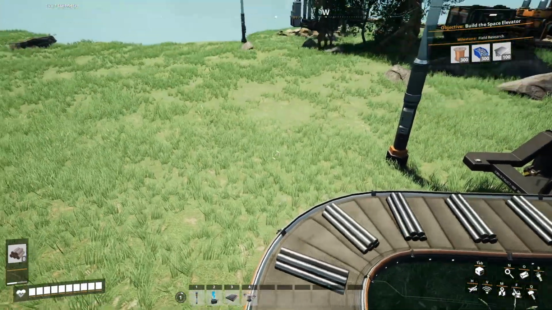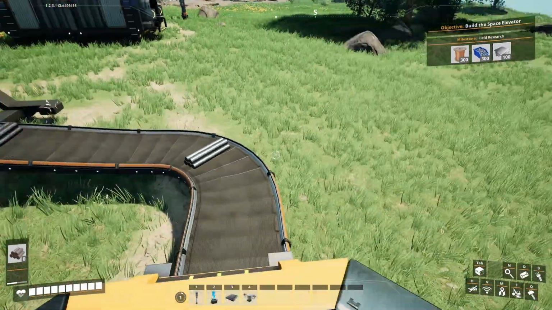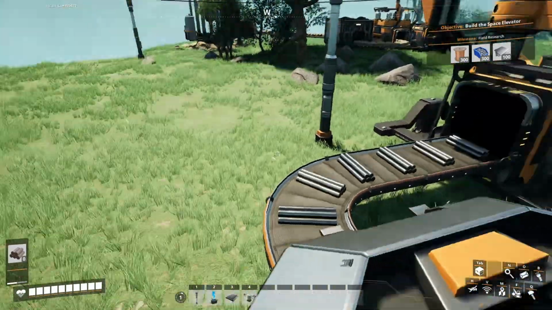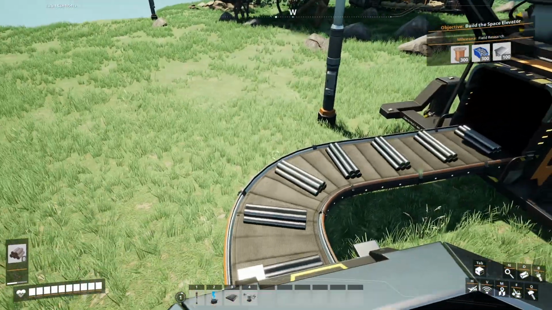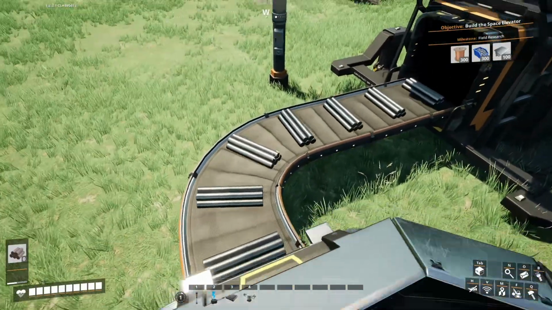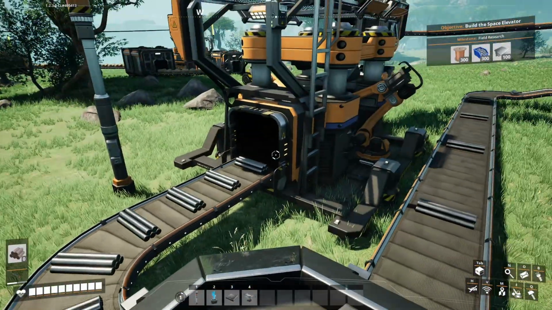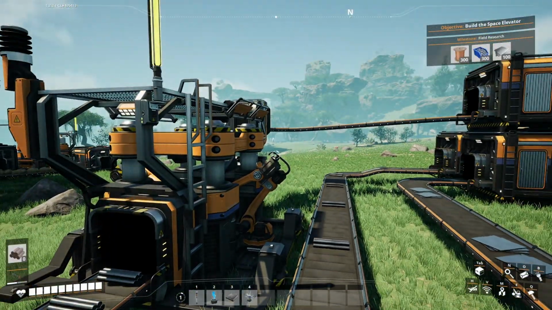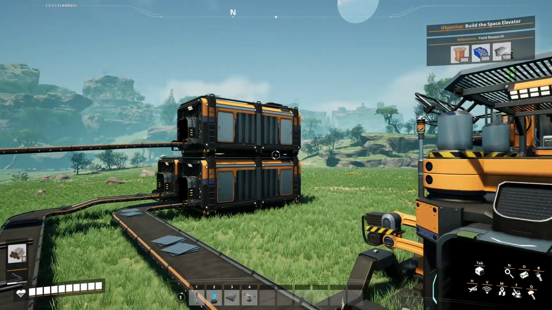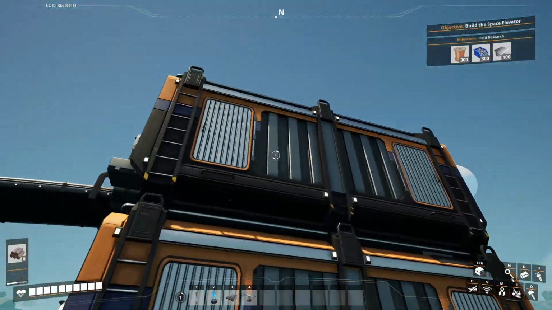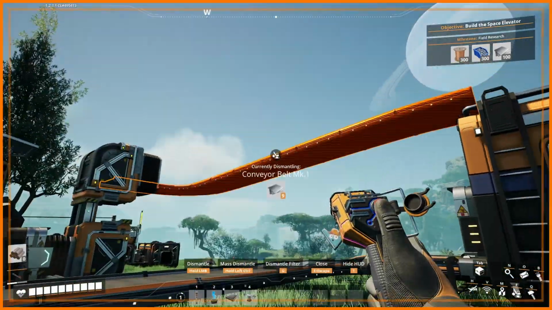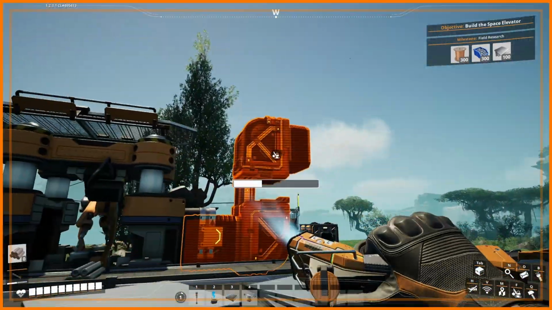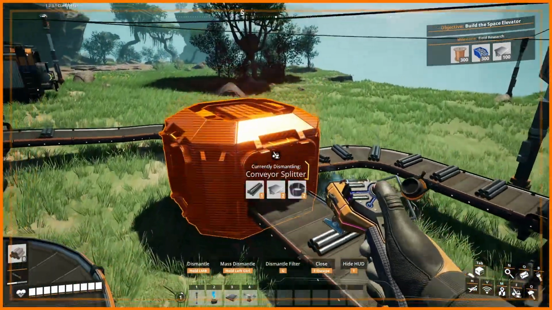Could I add a silo right here somehow? I don't think I can without moving the machine. I think we just have to move it. I didn't want to.